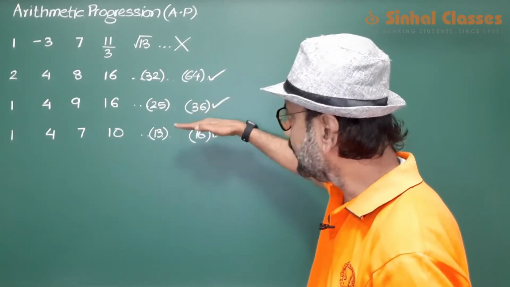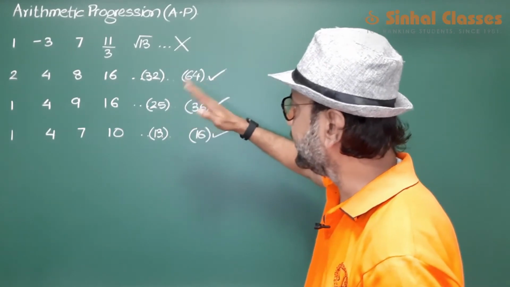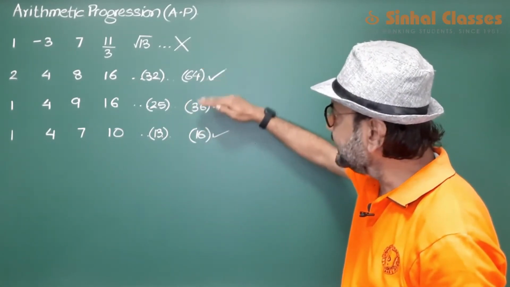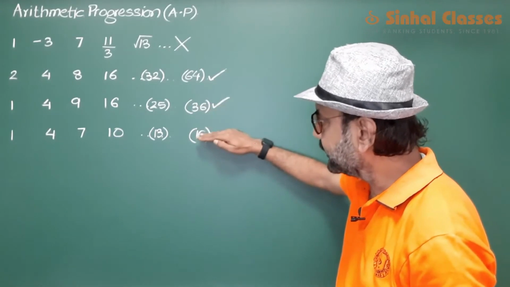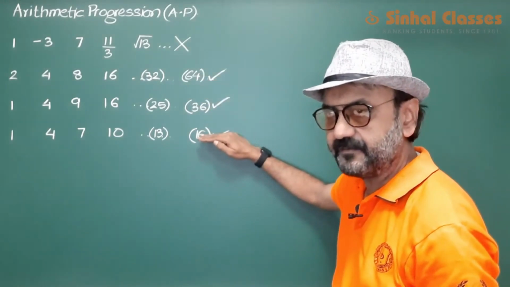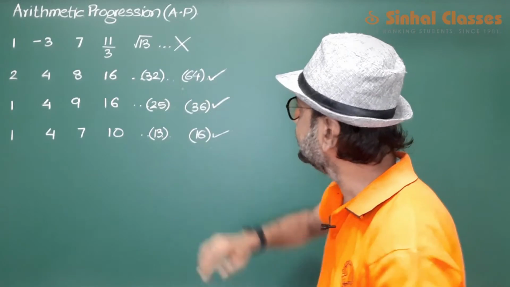So now we define the first statement: in these 3 cases we can predict the number that will come after 16.